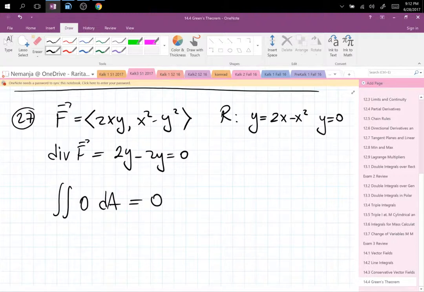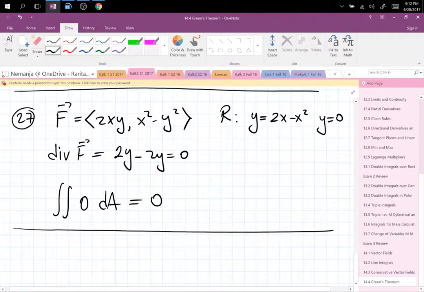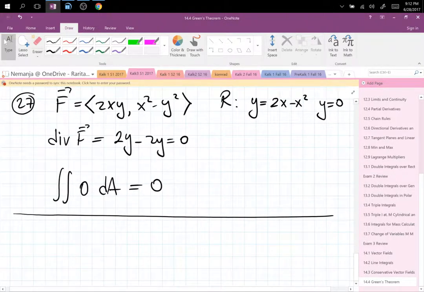Technically, since you are all disappointed in the flux problem, let's do another one. Actually, we can do this one, right? Or can we?